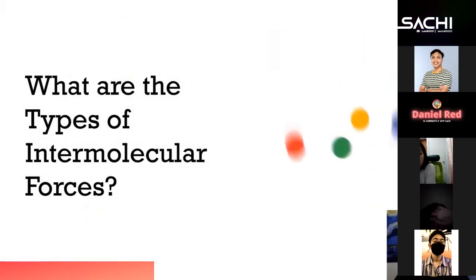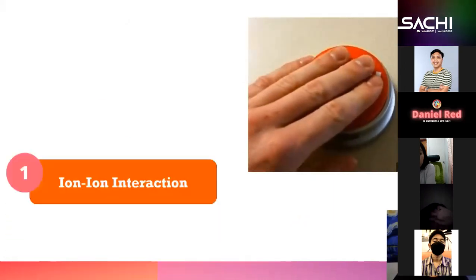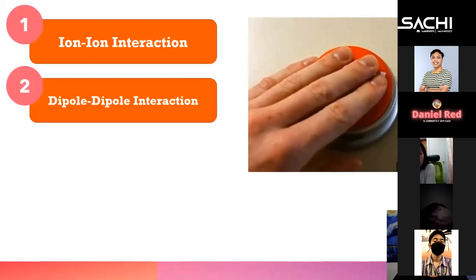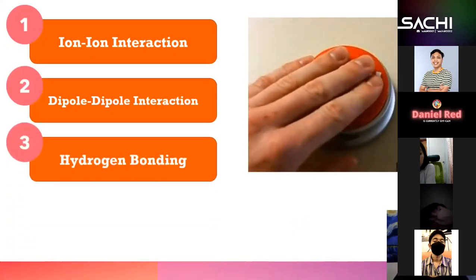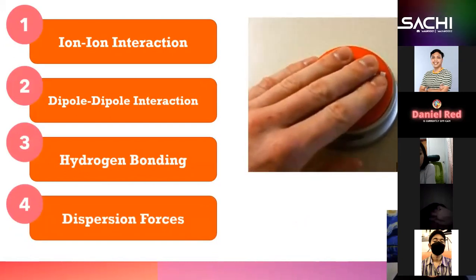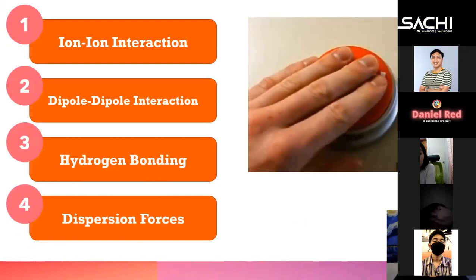Now, what are the different types of intermolecular forces? We have four main types of intermolecular forces. The first one is what we call ion-ion interaction. The second one is dipole-dipole interaction. The third one is hydrogen bonding. And the last one is dispersion forces. We will discuss each of these forces throughout this presentation.